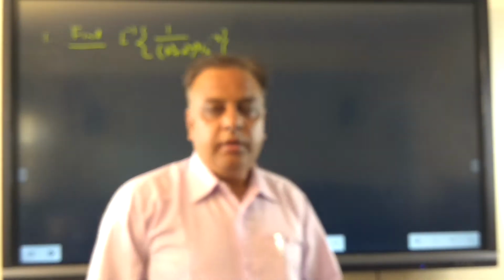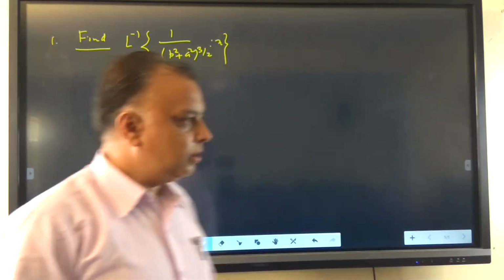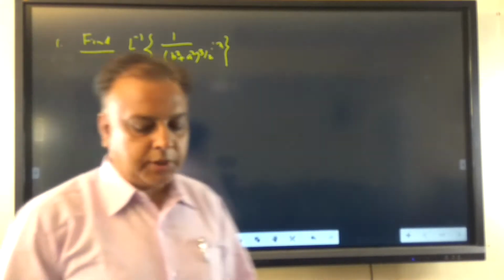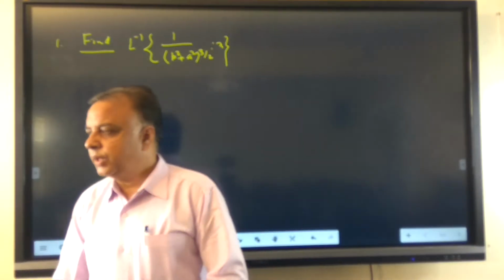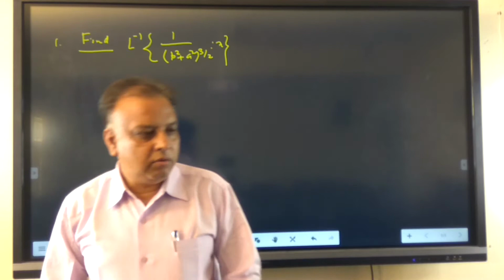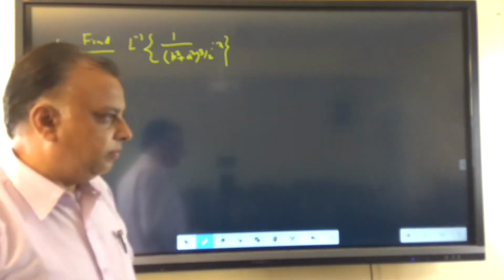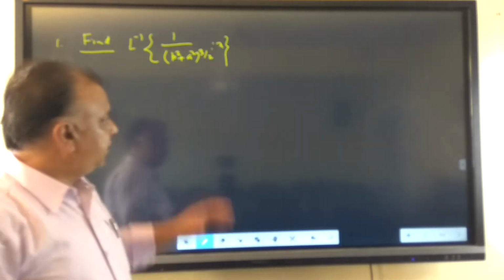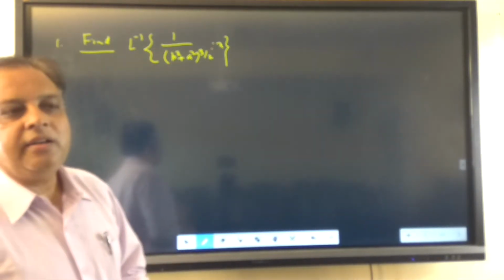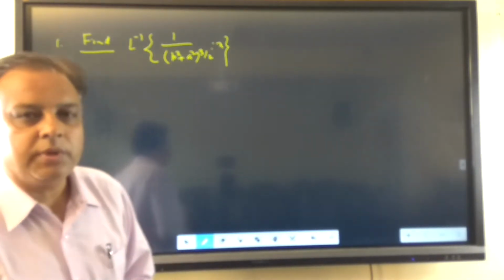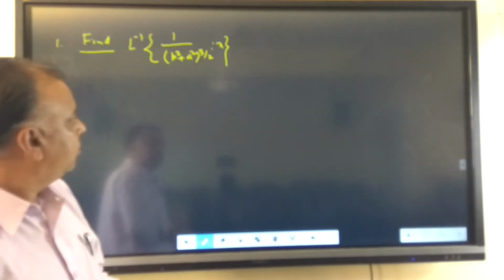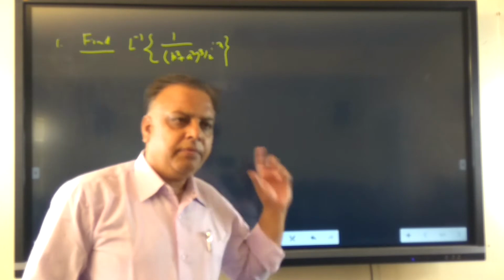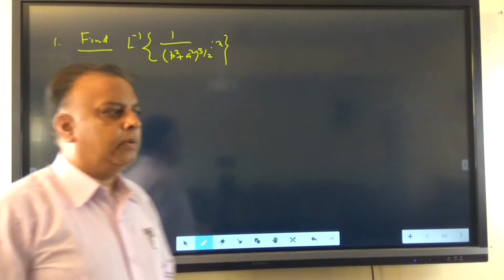As we have calculated the Laplace transformation of various functions, we see here that directly it is not the Laplace transformation of any function. Slightly different from the previous problems.